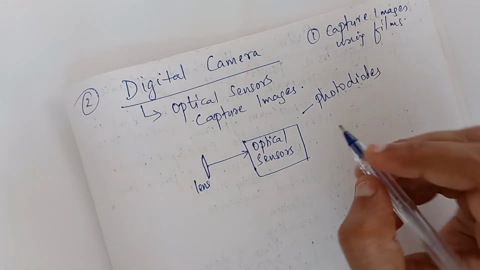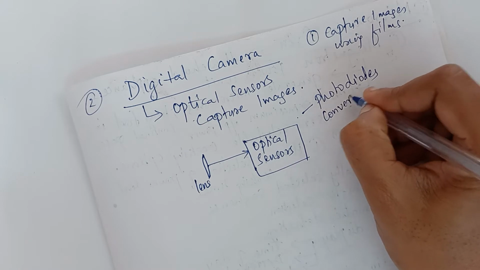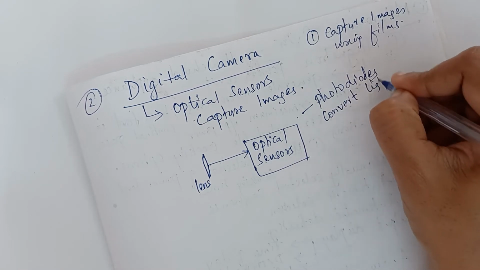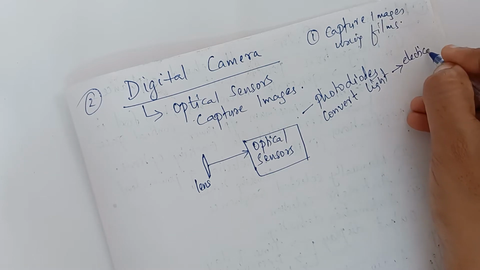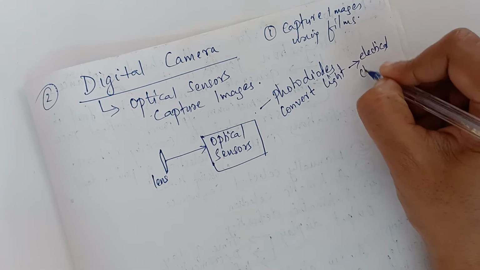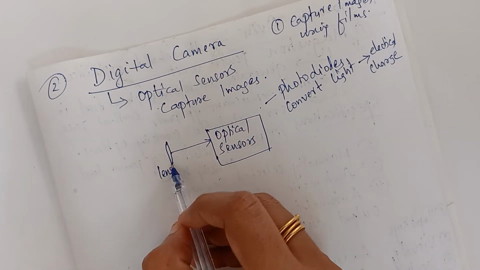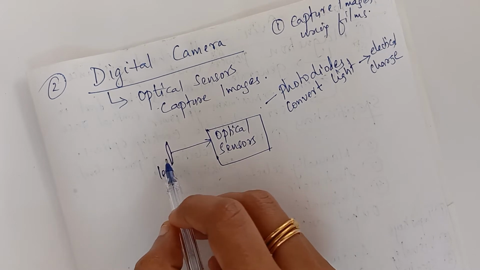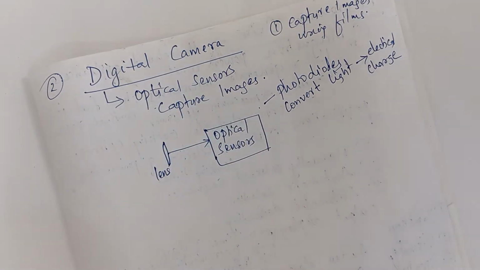They are converting light into electrical charge. So we have a lens in our camera and it has many optical sensors to capture images.